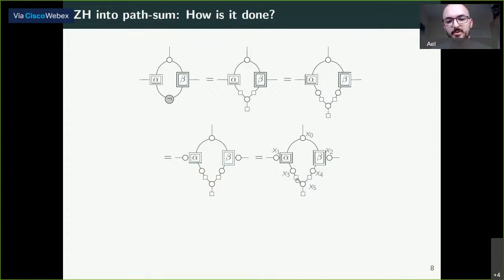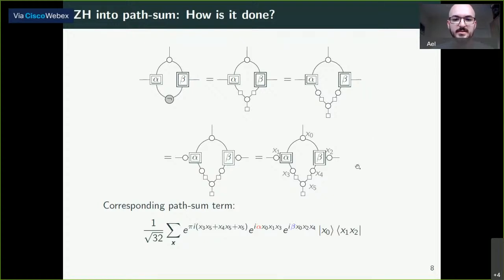So this will be the variables of the path sum, and you get this expression. So if we consider x0 to be the output and x1 and x2 to be the inputs, you have five H boxes, so five monomials inside the phase polynomial. The phase polynomial with alpha is connected to those three variables, as we can see here, with beta connected to those three variables, and also the other.